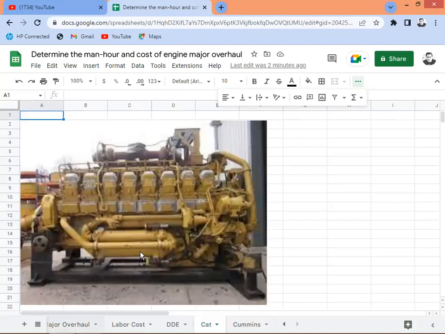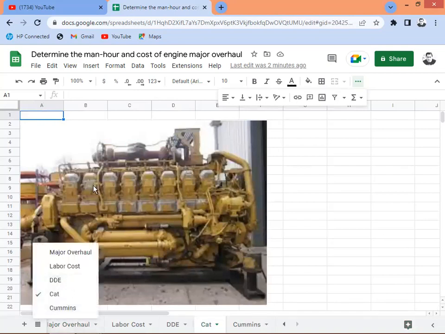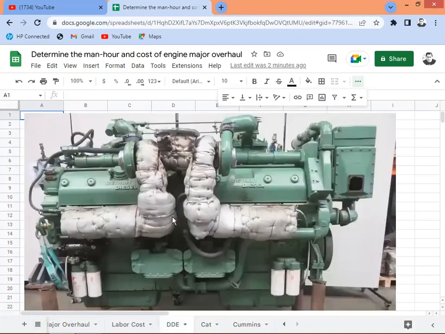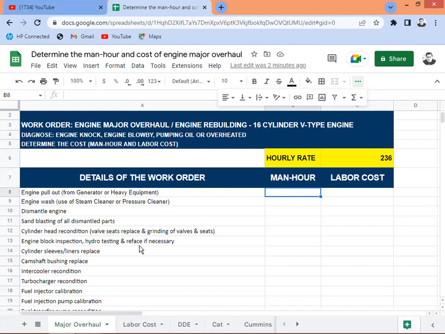Those are huge engines, right? How many cylinder heads? One, two, three, four, five, six, seven, eight on the right bank, and eight cylinder heads on the left bank. Detroit Diesel engines also. These are huge engines, so it's not a joke. You need some time to do this.